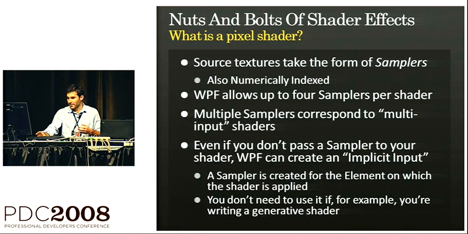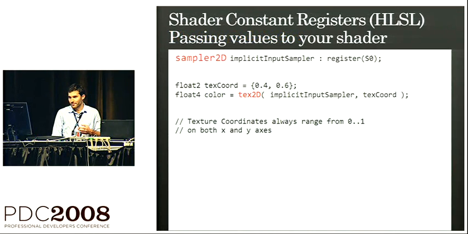And I'll show you the syntax for reading from textures. You define this thing called a sampler 2D, and here the name for this thing is implicit input sampler. And it's coming from the zero indexed sampler. And here I've got a float 2 called texture coordinate. I'm just giving it 0.4 and 0.6 for the U and V coordinates.